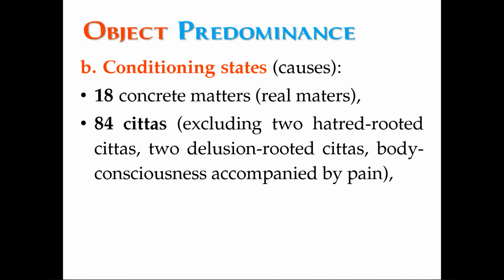Under the object, we have 80 concrete matters and 84 chetas. So only 84 chetas function as the object predominance for the arising of mind. 5 chetas have to be excluded: 2 hatred-rooted chetas, 2 delusion-rooted chetas, and bodily consciousness accompanied by pain.